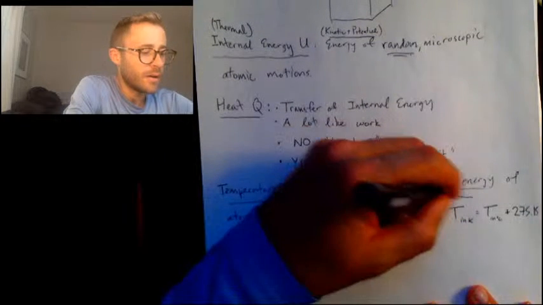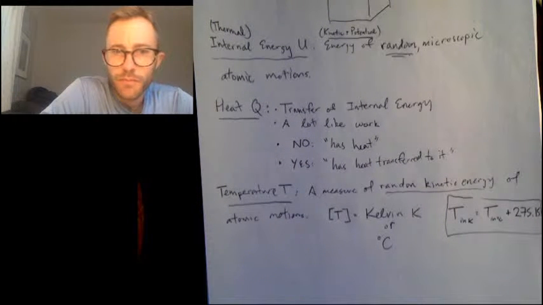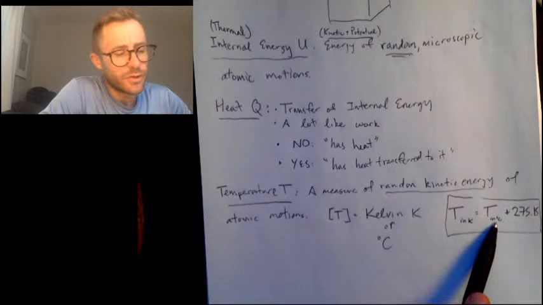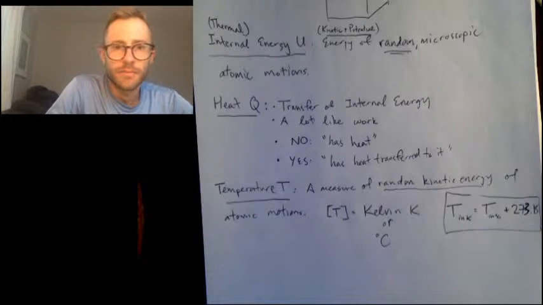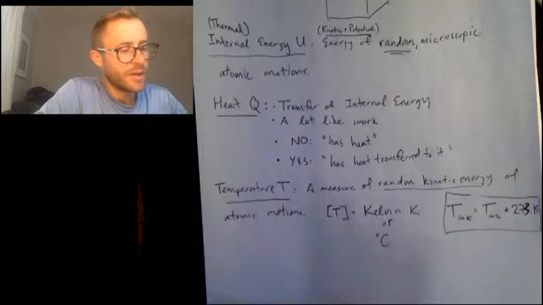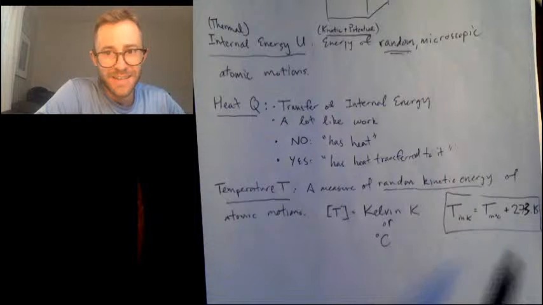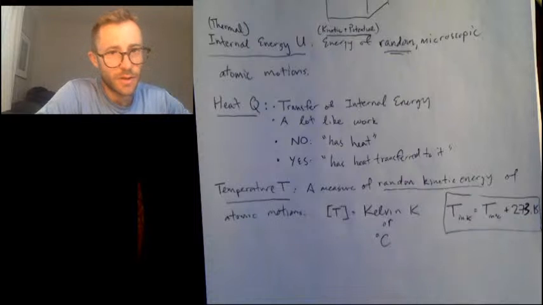I'm going to stick pretty much entirely to the Kelvin scale, but 0 degrees Celsius is not 0 Kelvin. Negative 273.15 degrees Celsius is 0 Kelvin.